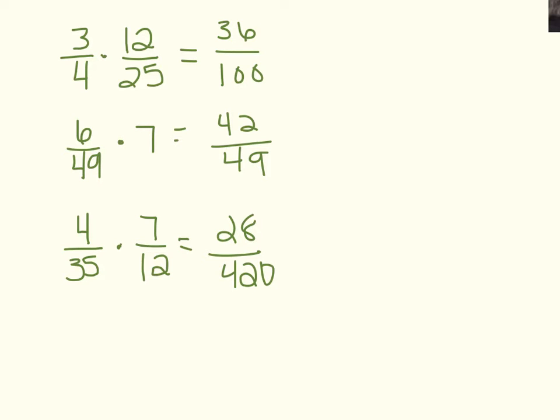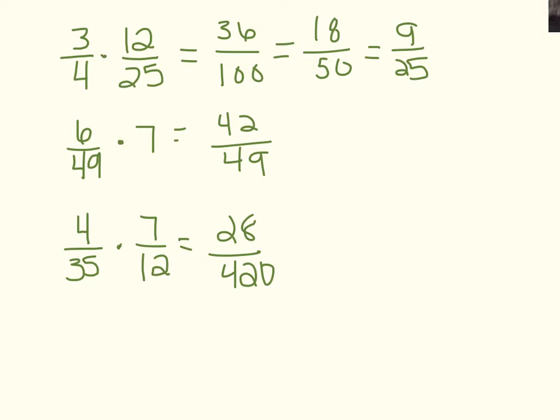But when you look at those, there's a lot of simplifying that has to be done. So I can start off by simply simplifying the first step that I know. Like I know I can divide both those numbers by 2, and then I get 18/50ths. And then, wow, I can simplify again. So now I have 9/25ths.